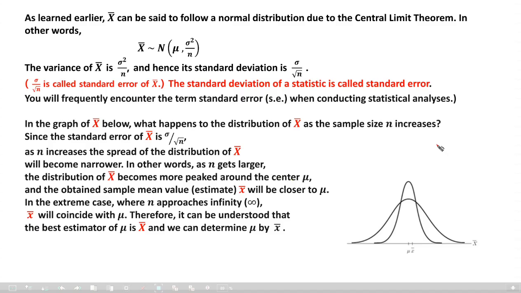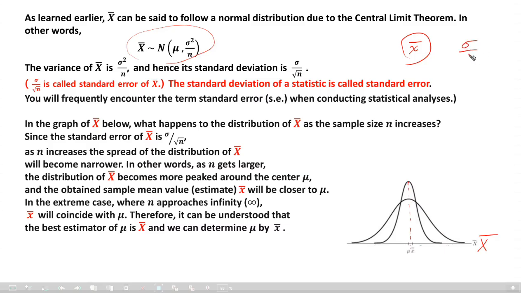X bar is the best estimate for the population mean mu. We started from here, capital X bar. There are many sample means, realized sample means, okay? And the distribution of X bar is normal with mean mu and variance sigma square over n.